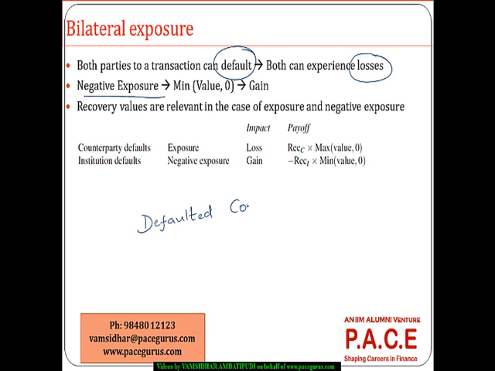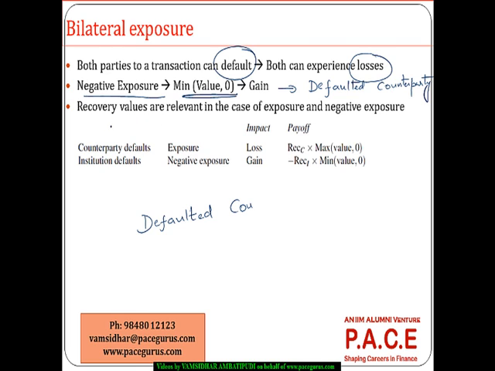Negative exposure is always from the defaulted counterparty's perspective, because from that counterparty's perspective, it's a gain. It's a minimum of value comma 0. If he has defaulted, it's a gain for him. He is not supposed to pay that much amount. So negative exposure is always a kind of a gain to the counterparty, whereas a positive exposure or regular exposure is actually a loss.